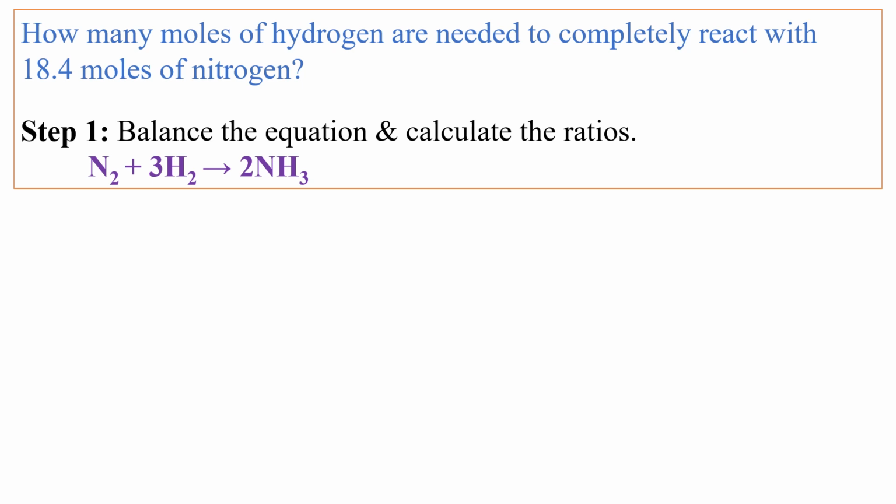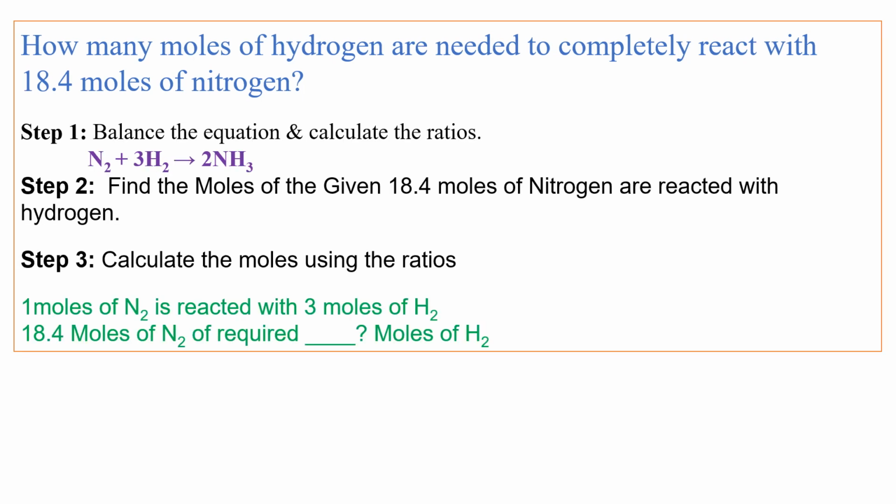1 mole of nitrogen reacts with 3 moles of hydrogen to form 2 moles of ammonia. Here the relation is between nitrogen and hydrogen only. 1 mole of nitrogen requires 3 moles of hydrogen based on the chemical equation. So 18.4 moles of nitrogen require how many moles of hydrogen?